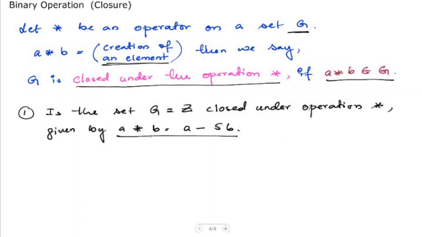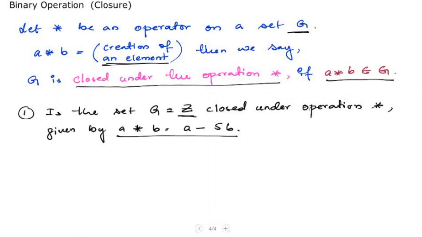Because if you're taking two integers and subtracting them, just by multiplying a whole number and another integer to the integer B, the answer would also be an integer. So it would be a part of the set of integers Z. So if you first analyze it and see that this is satisfying, in that case you have to prove it using general terms. So in general, you have to prove it.